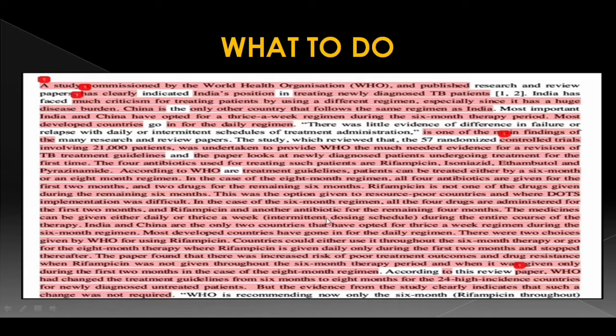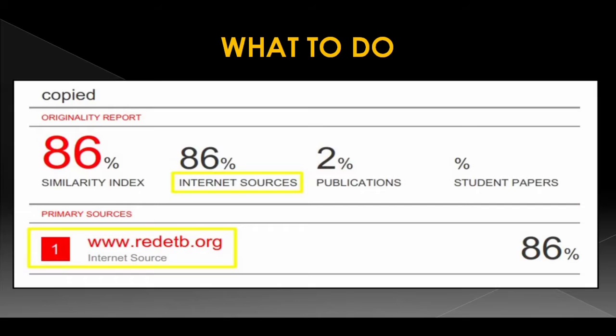Whatever is highlighted in red color indicates copied things, and the number highlighted here indicates the source from where these contents are copied. On the end page of the same PDF you can see this originality report.